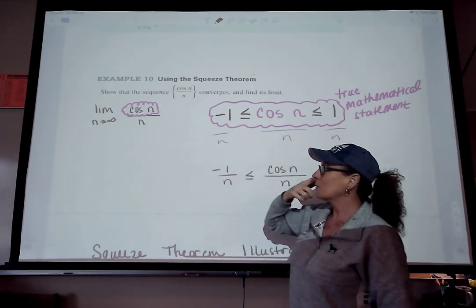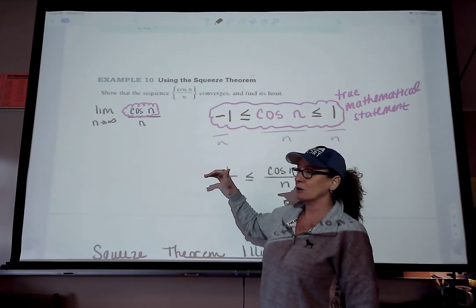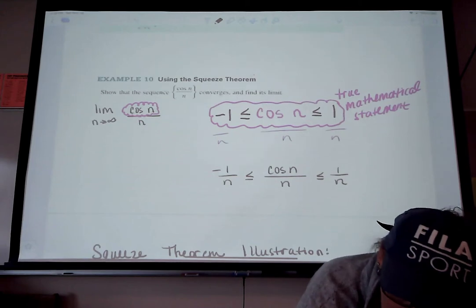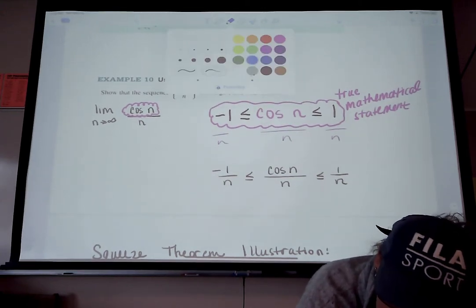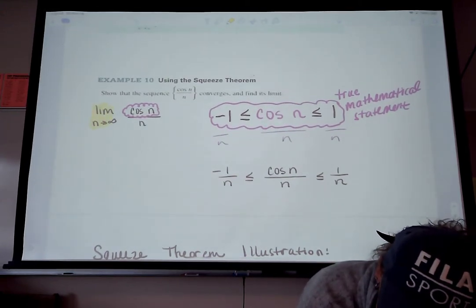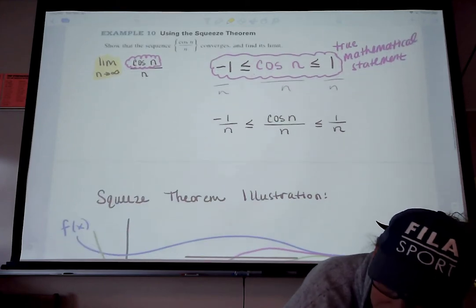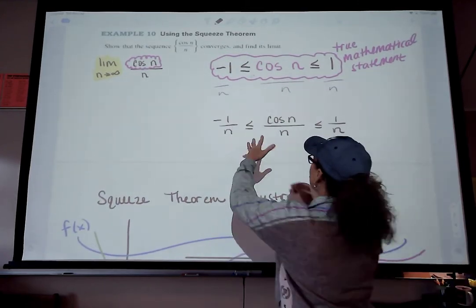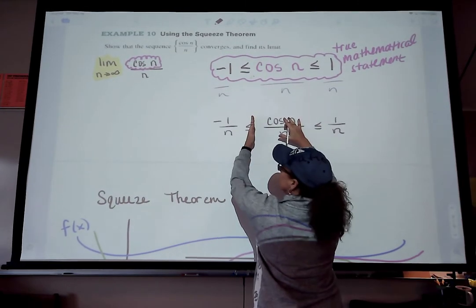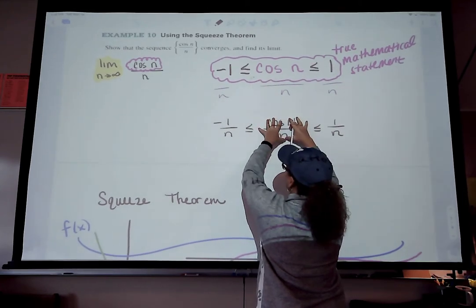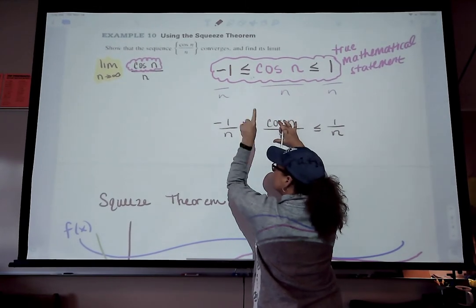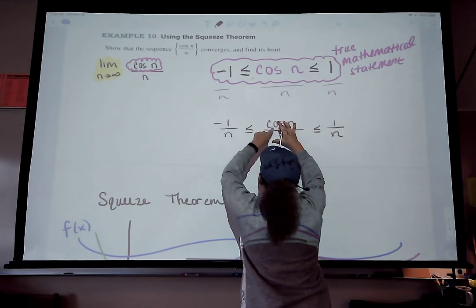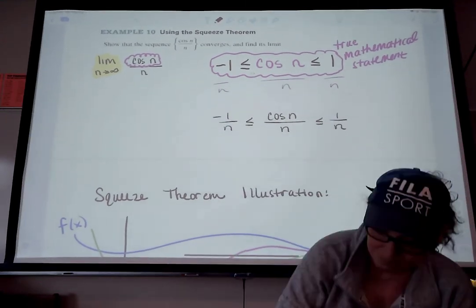Better yet, I want to know what happens as n approaches infinity. So now you need to throw on this part in all three sections. I need this to say the limit of cosine n over n. So you need to throw on a limit here, keep it legal, throw on a limit here, throw on a limit here.